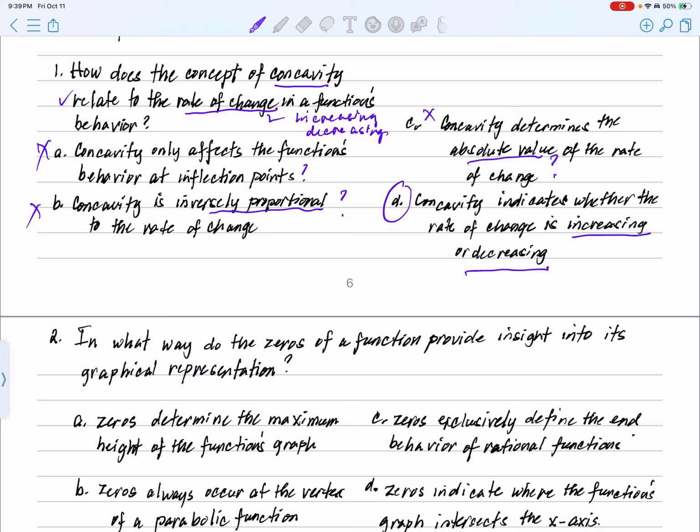So, concavity, what does it say? Concavity is a curvature, the curve of the function. You could go back to the definition of concavity as how the slope changes.